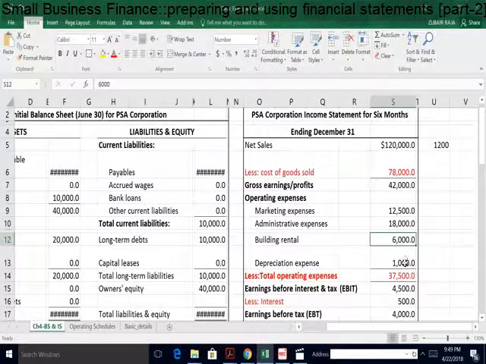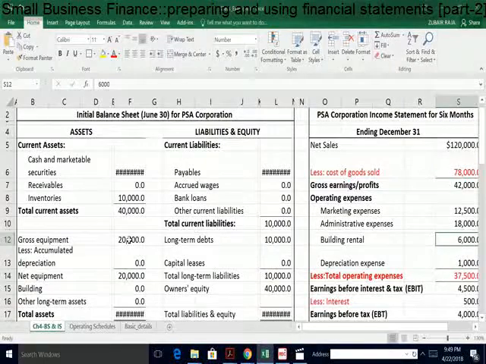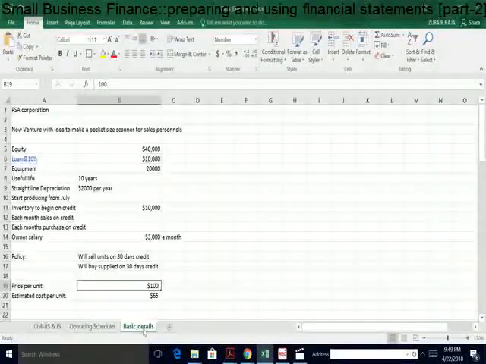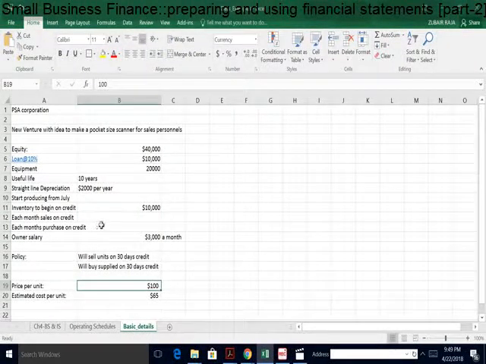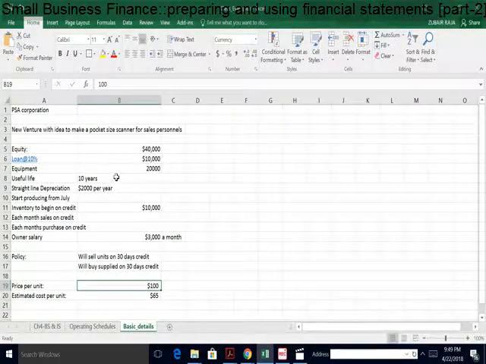And finally, we have depreciation expense, because the equipment was used during the 6 month time period. Remember, the equipment was bought at 20,000, and in the initial data I have already given in the part 1 video, the price is 20,000 and the useful life of the equipment is 10 years, and there is a straight line depreciation method.